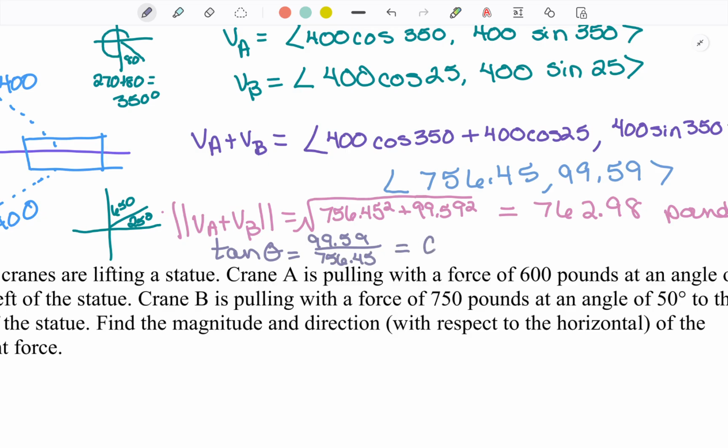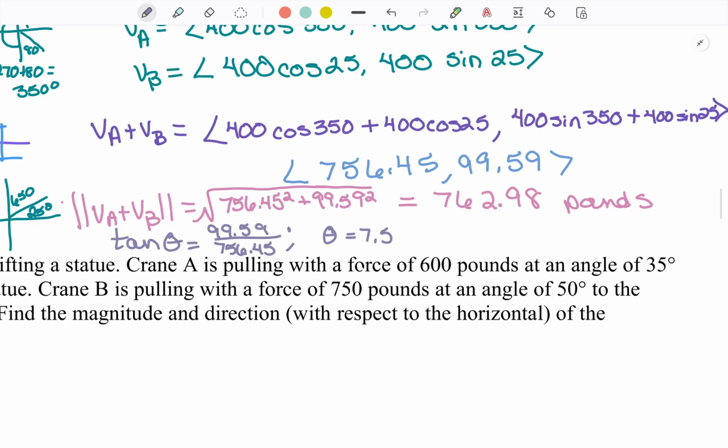That is going to give us theta as 7.5. And then we're going to turn that into a bearing, because remember, this is standard position. So going from north to the east, we're going to subtract 7.5 from 90, and that's going to give us north 82.5 degrees east.